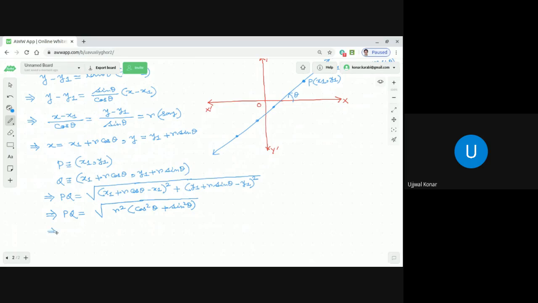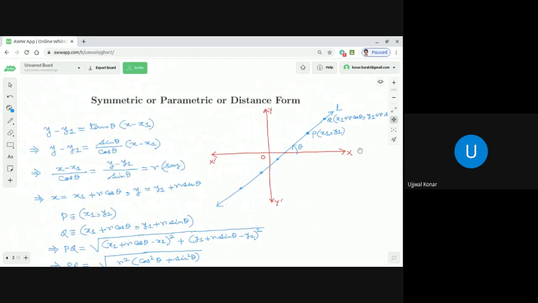So from here, the value of PQ is equal to r, as I was telling, that r is nothing but the distance between the points P and Q. So dear students, as you vary r, you will get different points on that straight line L, at a distance r from the point P. And that is why this is also known as the distance form, as I said in the beginning.